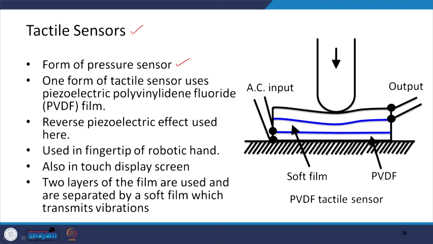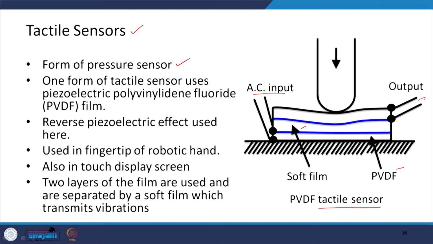So you can see that the PVDF tactile sensor has a PVDF film, and there is a soft film, and you have the AC input from here, and the output can be taken out from here.